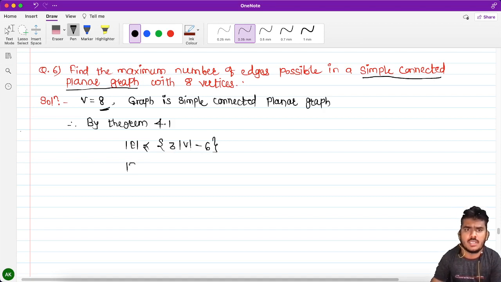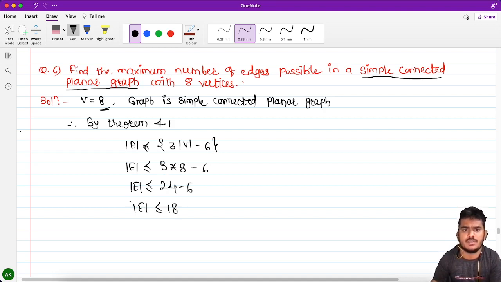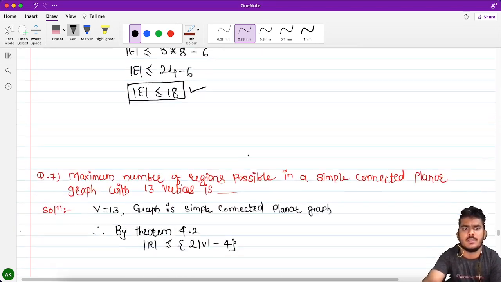So this becomes 3 into 8 minus 6, which is 24 minus 6. So number of edges is less than or equal to 18. This is the maximum number of edges in a simple connected planar graph with 8 vertices.